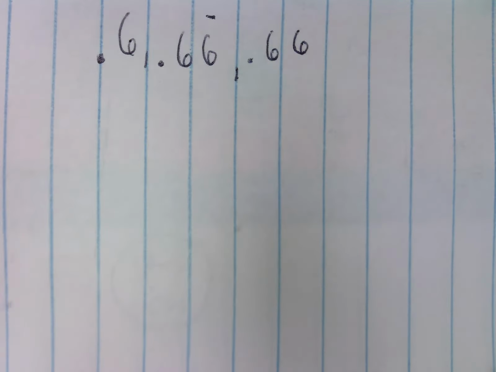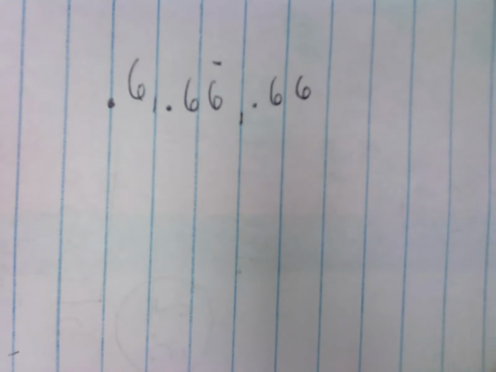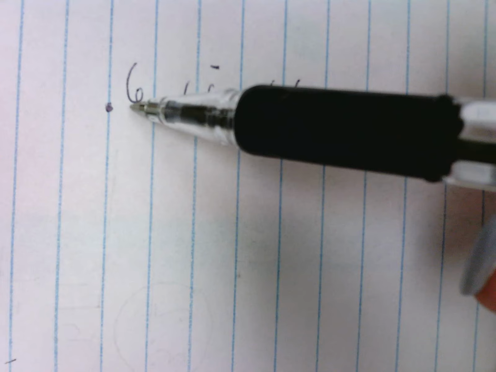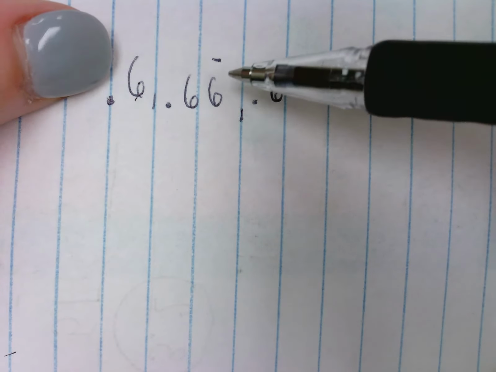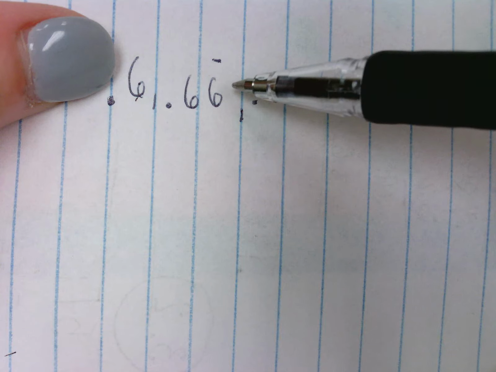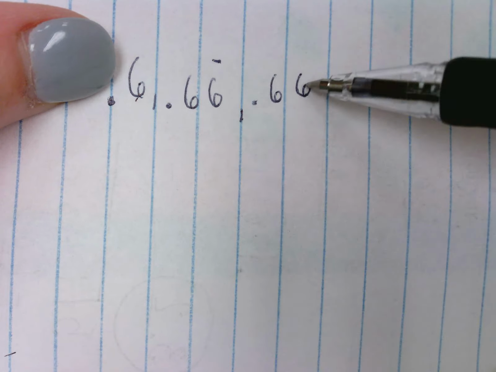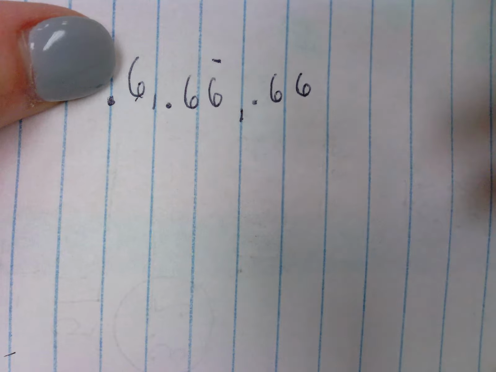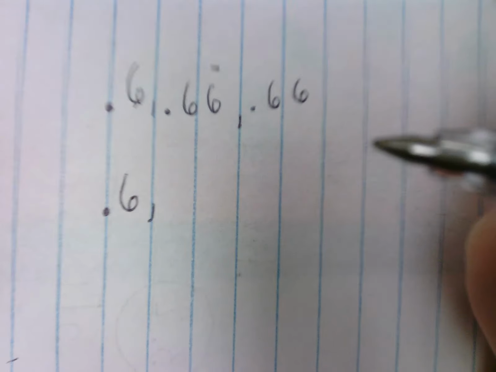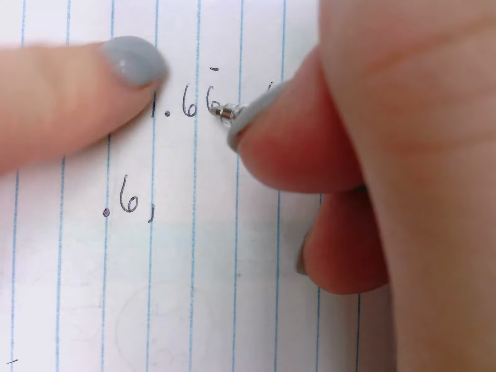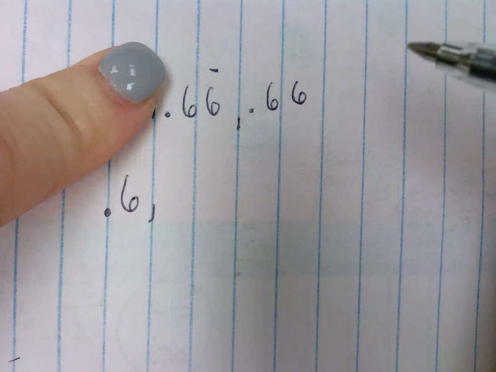I'm just going to move this up for you guys. All right, so if I think of this as 0.60 actually. So is 0.60 bigger than or less than 0.66 repeating or 0.66? So it is less than. So this would be my first because it's 0.6 and it's really 0.60 if you were to put a 0 after it.